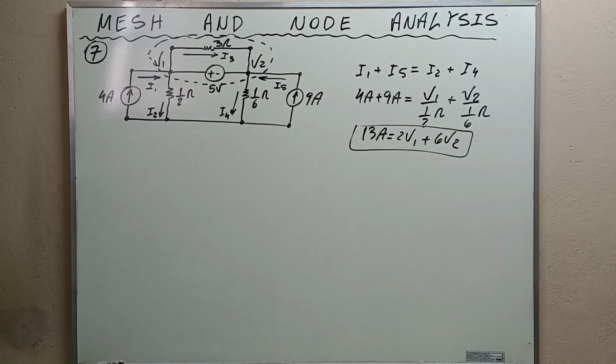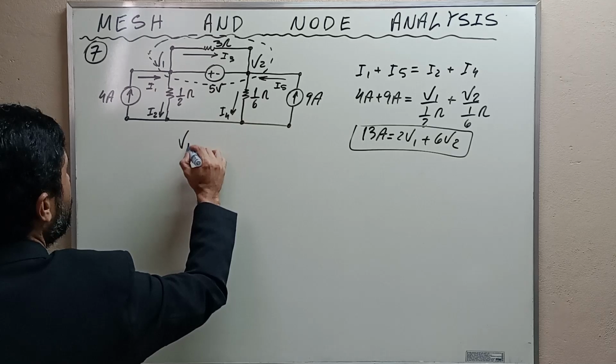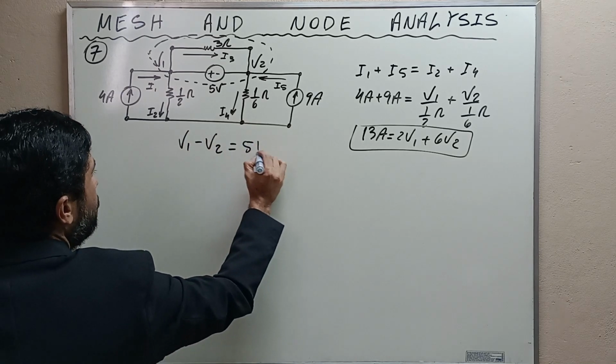Inside the supernode, we see that V1 minus V2 is equal to 5 volts.